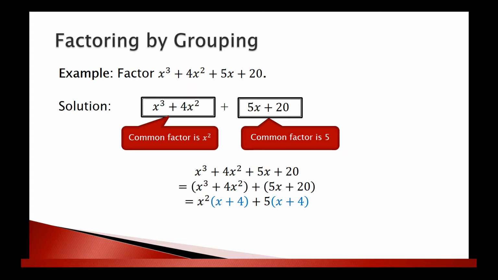Then we see that x plus 4 is the common factor, so we can factor this out, and we're left with (x plus 4) times (x squared plus 5). So these are the factors of the polynomial.